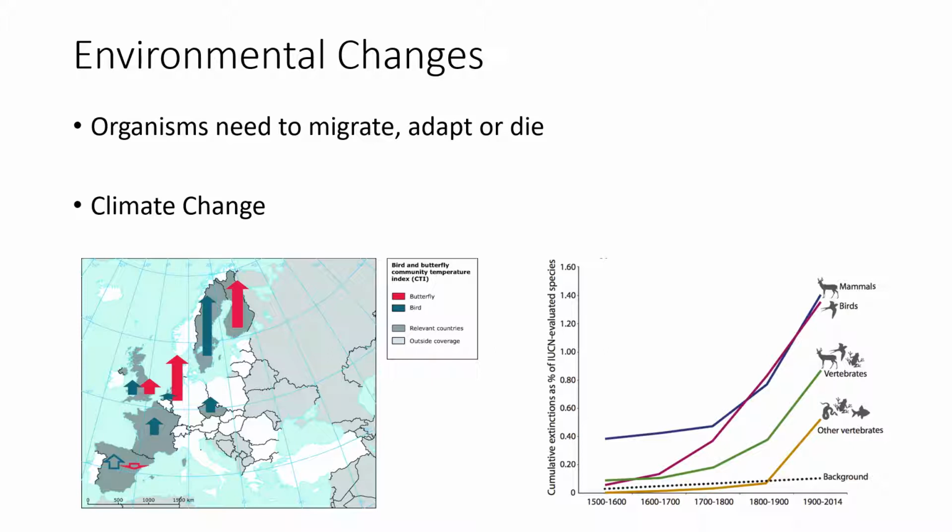As it's becoming warmer further up in latitude, those organisms are moving their range to higher latitudes to meet the temperatures that they need. So they're migrating. It could be a short-term migration if it's some sort of short-term disruption. But in climate change, it's a long-term disruption, and so they're going to migrate for the long term.